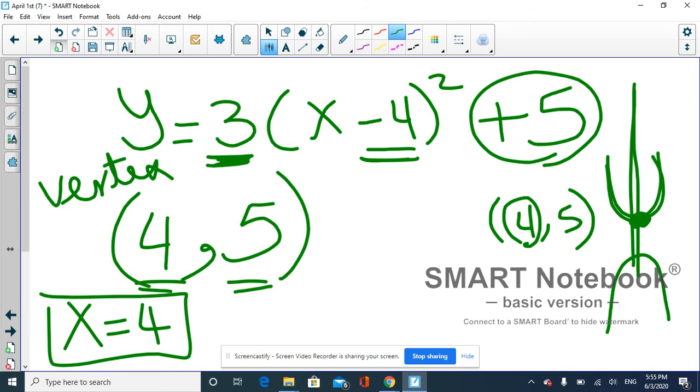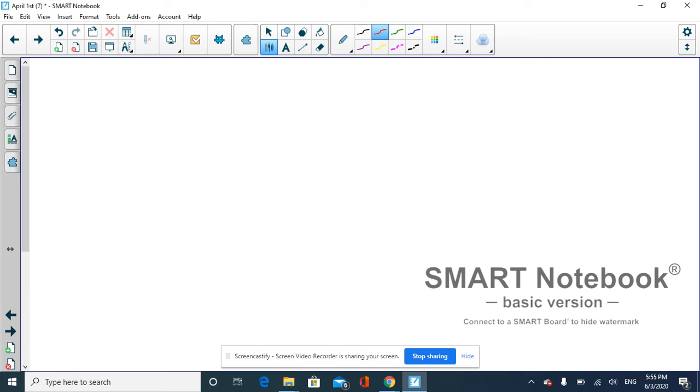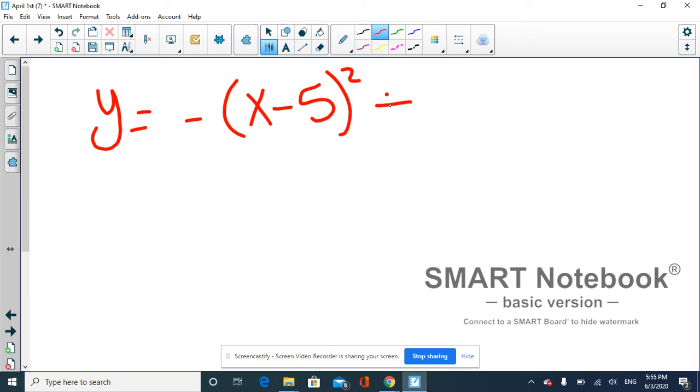Let's take another one quickly. If we have y equals negative (x minus 5) squared, or let me change this sign, I will make it plus, and this is minus 6.